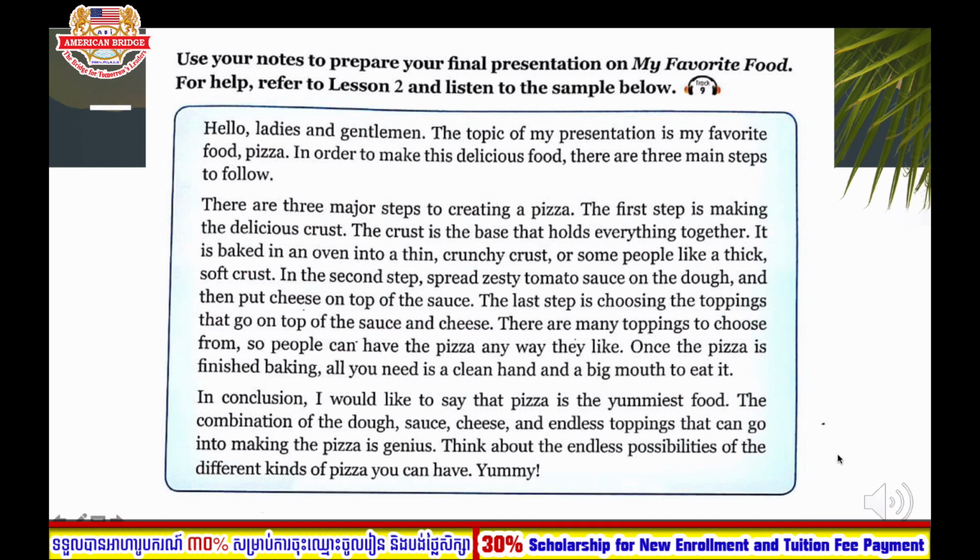In conclusion, I would like to say that pizza is the yummiest food. The combination of the dough, sauce, cheese, and endless toppings that can go into making the pizza is genius. Think about the endless possibilities of the different kinds of pizza you can have. Yummy!